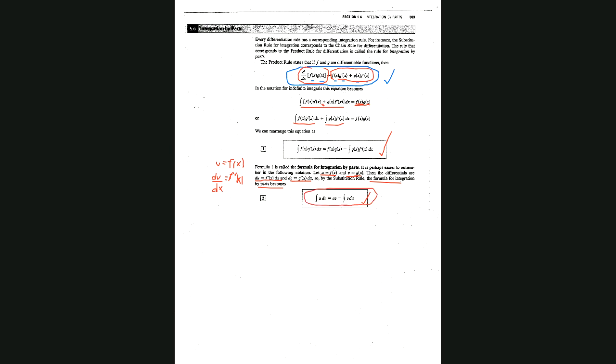The u is there. The g prime of x dx is dv.